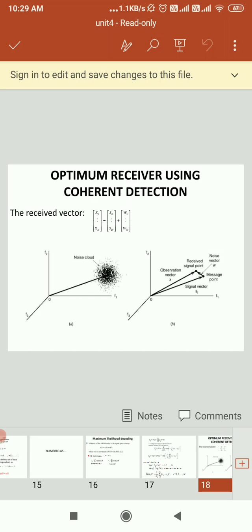You can observe here in diagram A, there is a noise cloud. If we take the received vector, it will be the addition of the signal energy and the white noise with zero mean. So here we take the observation vector and signal vector, where we get the message point and the received signal point. You can see here diagram B.